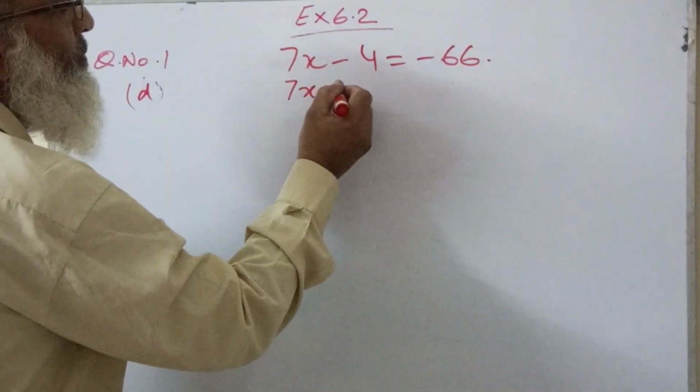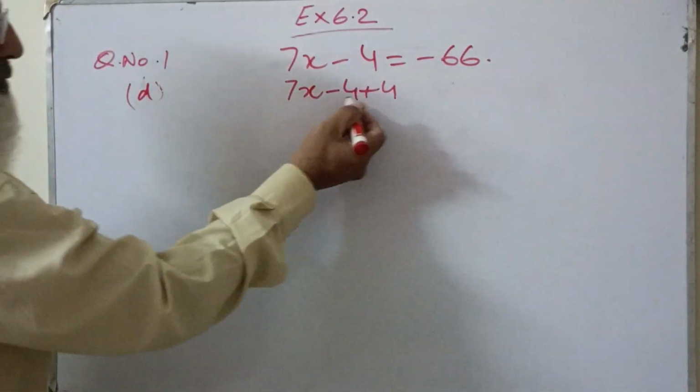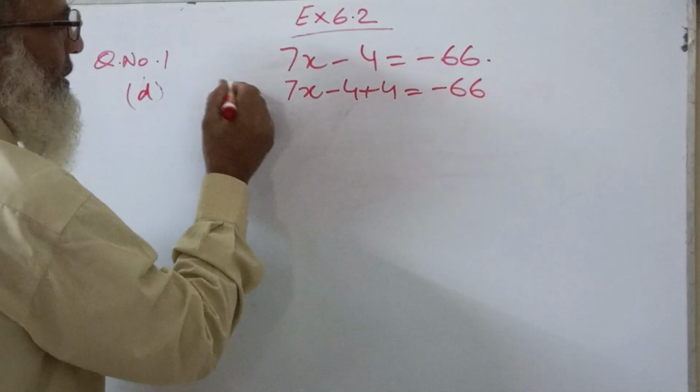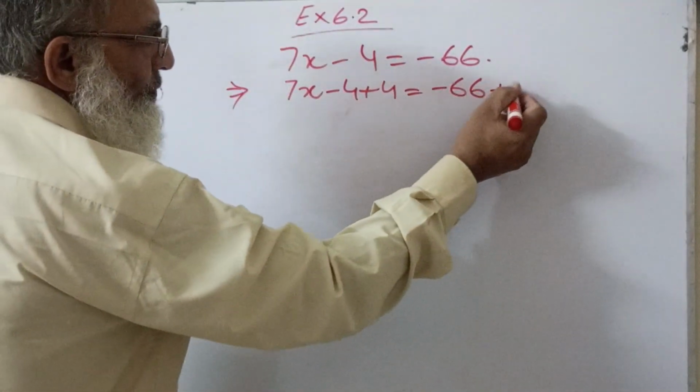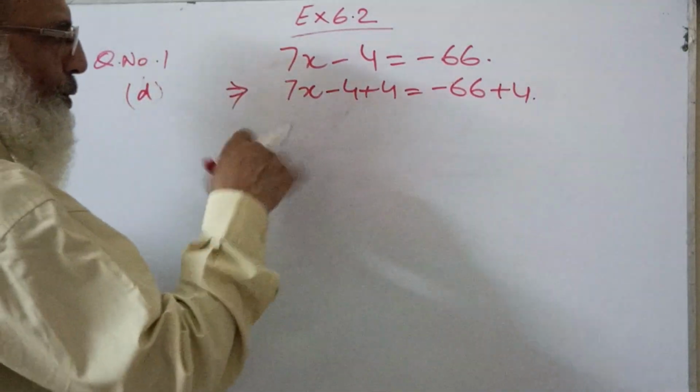Now what we do here is 7x minus 4 plus 4 is equal to minus 66 plus 4. You can also do it straight.